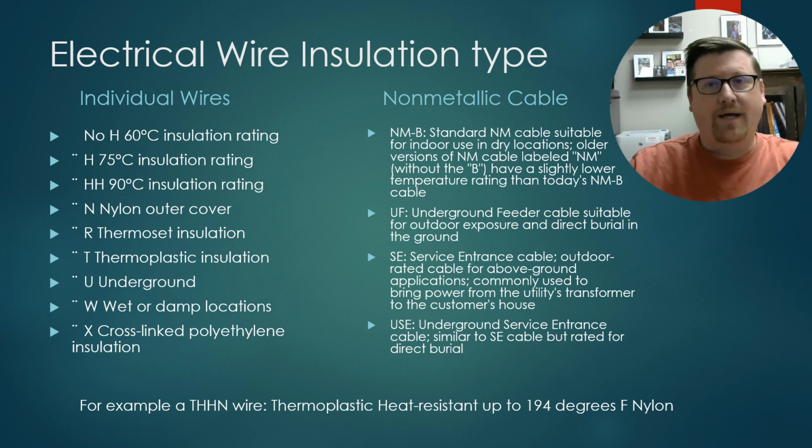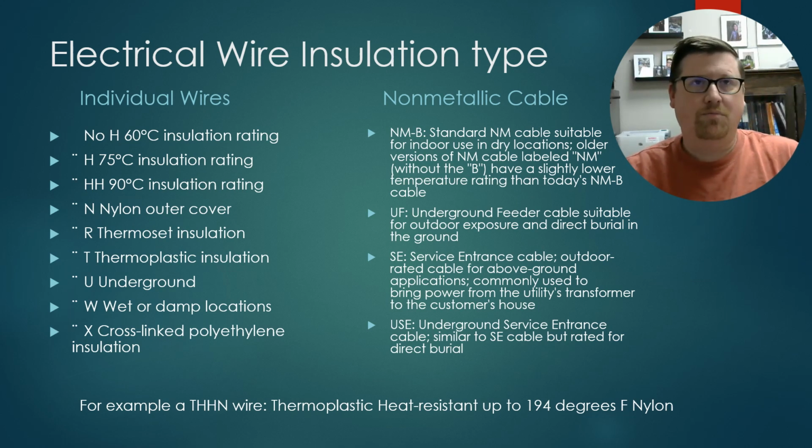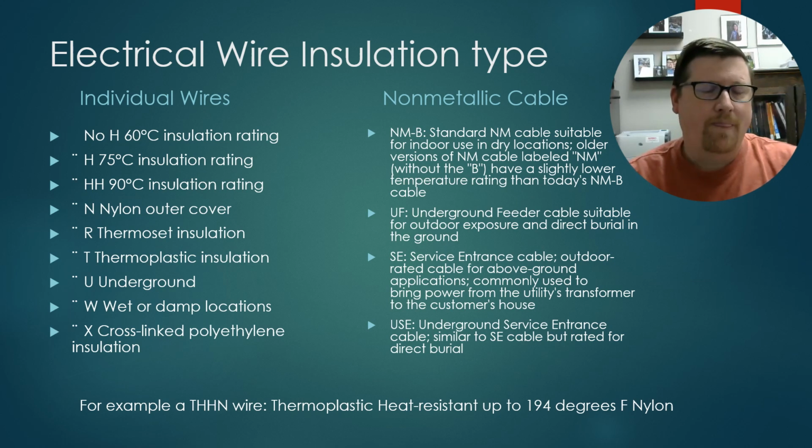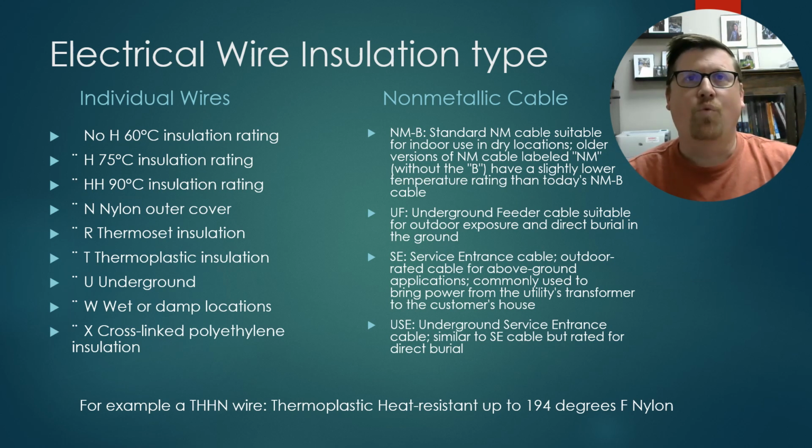When we're talking about those insulation types, we have to choose the insulation type we want to use for a given area, and we're going to talk about that at more length as we get into this. But we have to know how to identify that wire type, right? On the outer sheath of the wire, it's labeled with a 2, 3, or 4 letter code, and that code tells us the properties of the insulation on this wire.